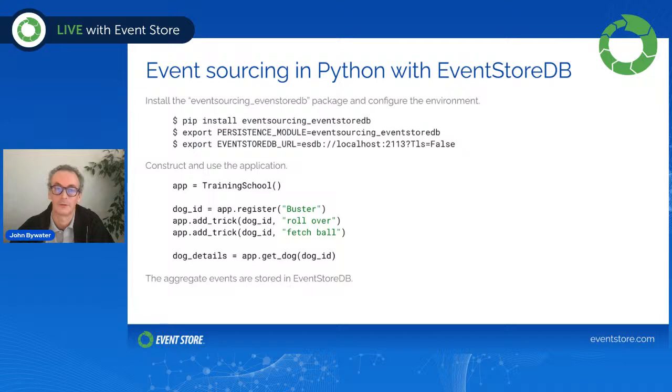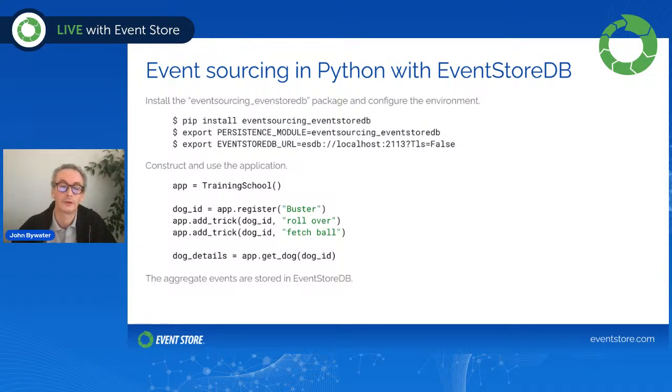I think I've spelled that wrong. Package and configure the environment. So the event sourcing EventStoreDB package uses the Python gRPC client for EventStoreDB to make a persistence module which brings it up to a standard interface useful by the application.